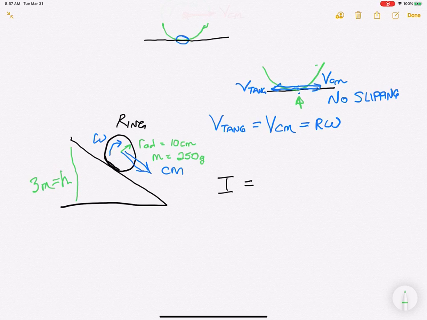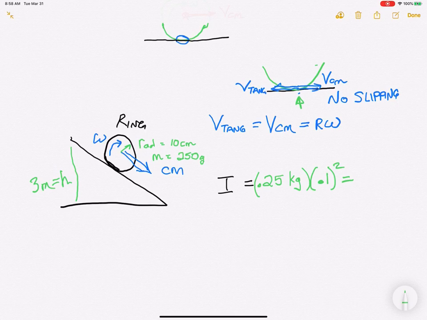So we start with the I of the ring, because that's going to be the 250 grams, 0.25 kilograms. That's the mass. And from the table, we know this is just the mass times the radius, 0.1 squared. So I is going to be nothing more than 0.25 times 0.1 times 0.1, because it has to be 0.1 squared.